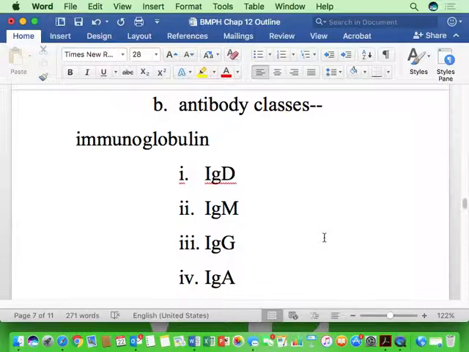IgA. Some of these are found as monomers in the plasma, so just single antibodies in the plasma.